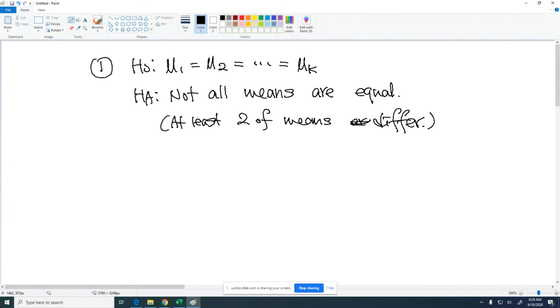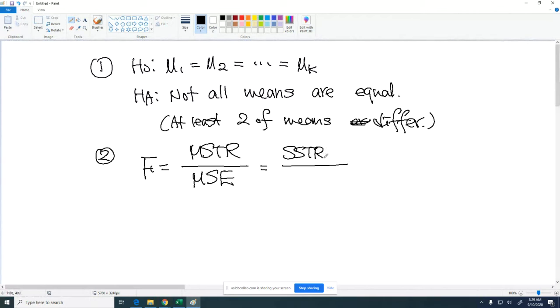You can state the alternative hypothesis either way. The second step is the test statistic, the F ratio, which is MSTR over MSE, where MSTR is SSTR over the degrees of freedom k minus 1, and MSE is SSE divided by big N minus k.